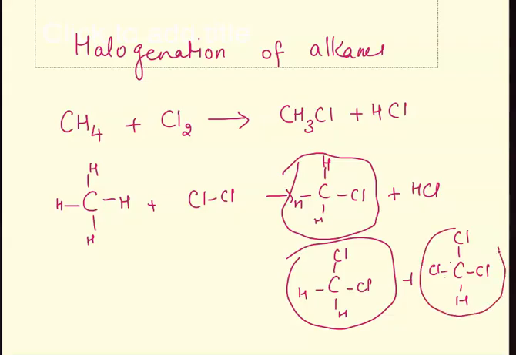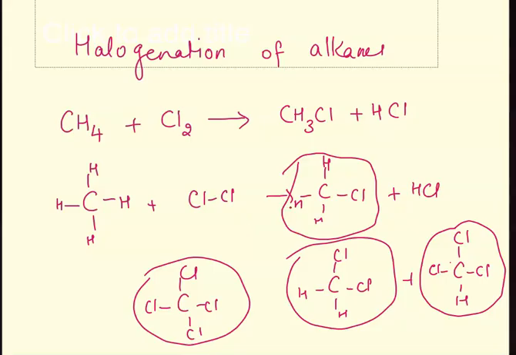Or you can have all the hydrogen atoms replaced by chlorine, which gives you the compound called carbon tetrachloride. So this reaction is generally not very useful because you end up forming a number of products.